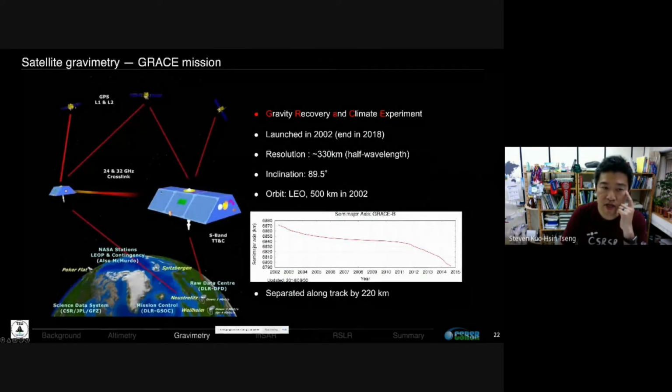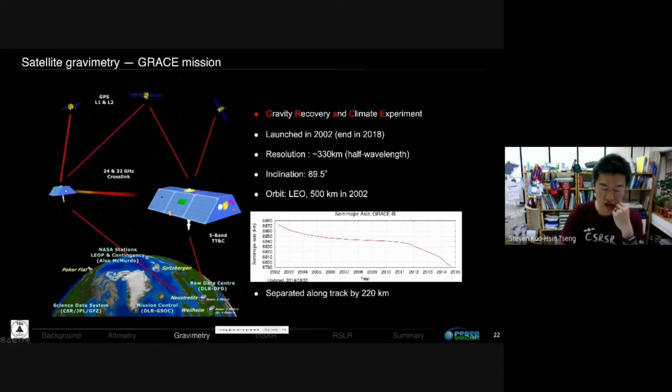It used a twin satellite design, basically one following another. By using a very accurate distancing signal in between, it can measure a very subtle change of the orbit, because as we know, the orbit motion is associated with the mass because of the attraction force.